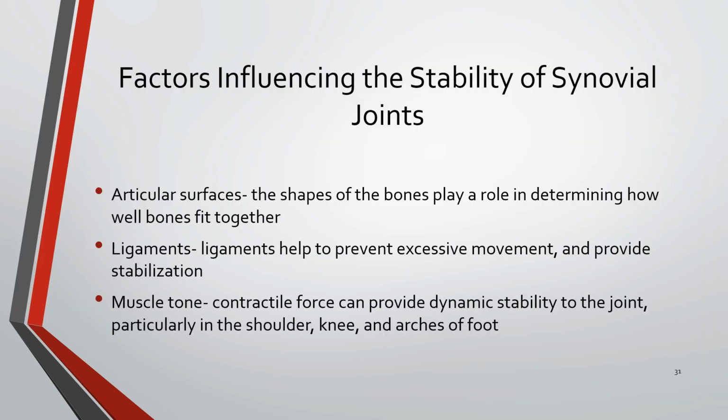So again, what are some of the factors that influence the stability of our synovial joints? The articular surfaces. The shapes of the bones play a role in determining how well the bones fit together. Again, we talked about how some bones have a convex and concave surface and they just fit together really well, whereas with other surfaces it's like, who thought these bones should go together?